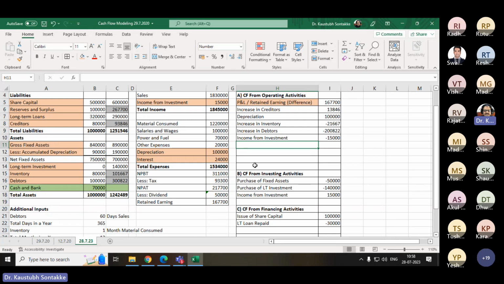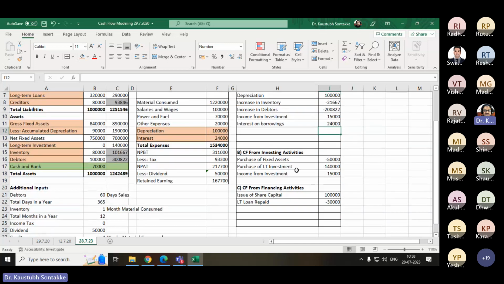So go to operating activity and write interest on borrowings. We have to add it here. So positive is equal to 24,000 cell, enter. And then go to cash flow from financing activity and write interest on borrowings.